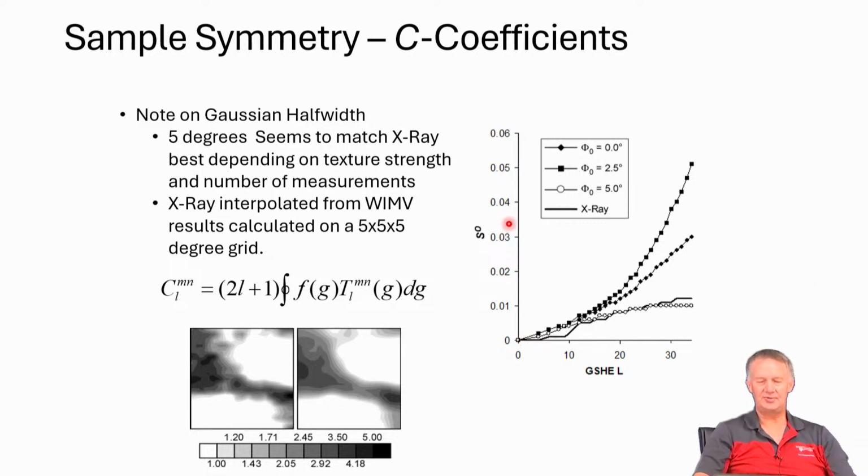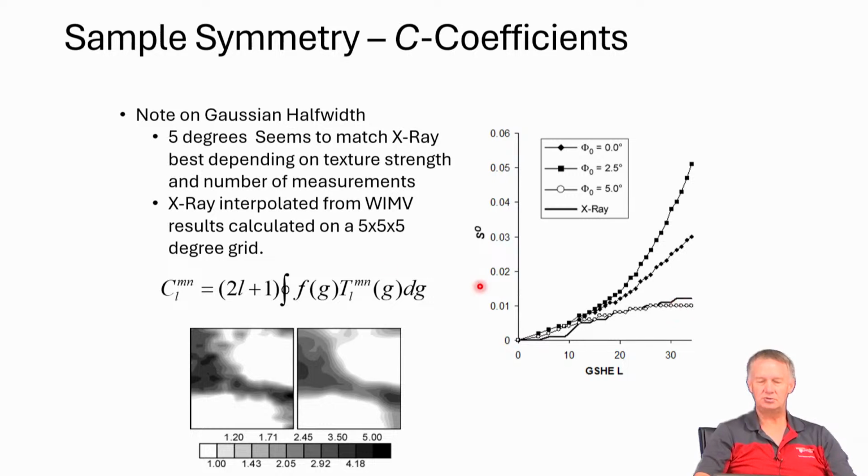This is the same thing plotted as a function of truncation order, L, in the series expansion. So the X-ray value comes up here. And then the different plots here are showing how I've done the half-widths, which the wider half-widths in this case seem to match up better with this X-ray.